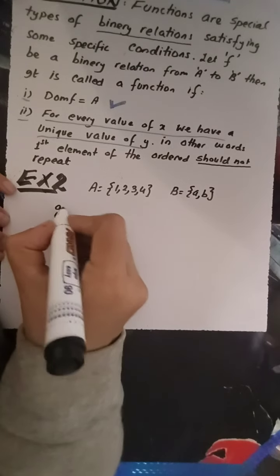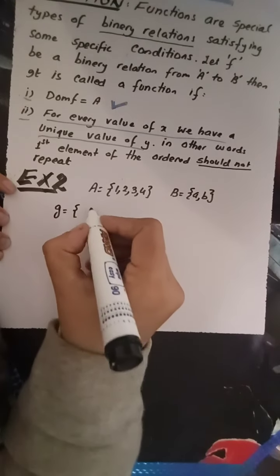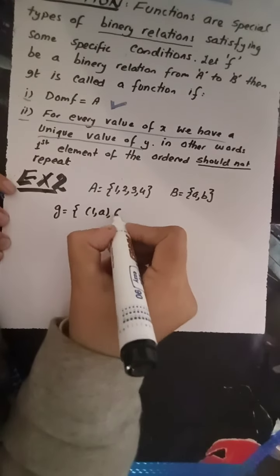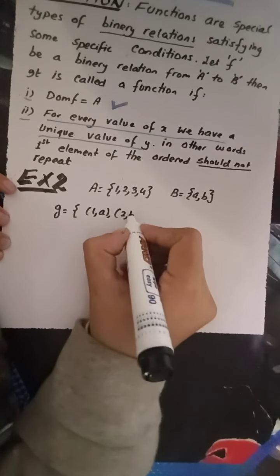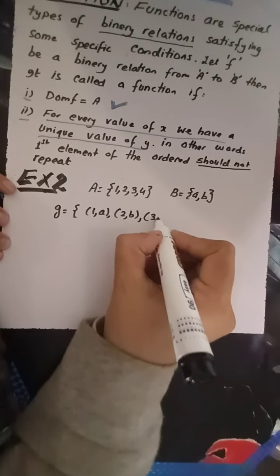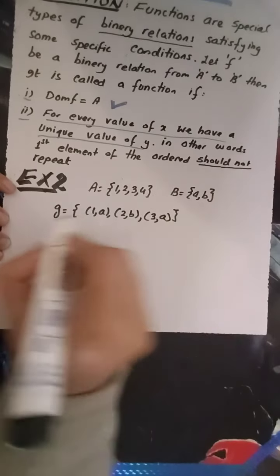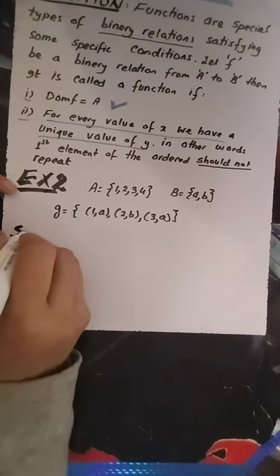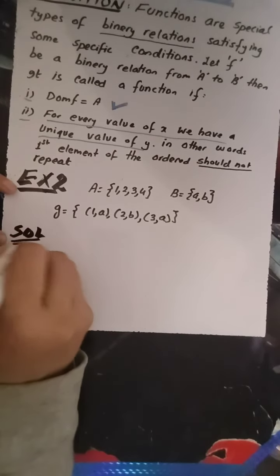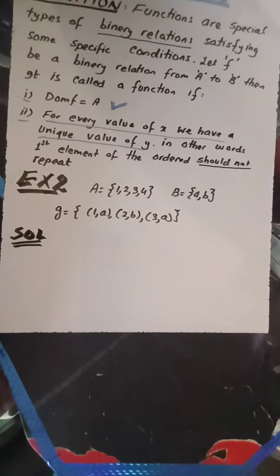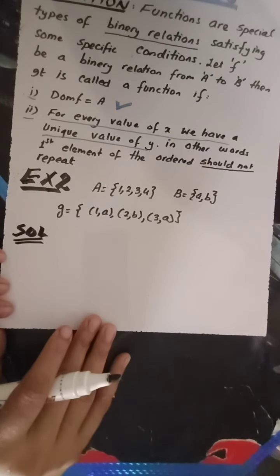Suppose that you have a binary relation G equal to {(1,a), (2,b), (3,a)}. Suppose you are given this and you want to check whether it is a binary relation or not, sorry, a function or not.